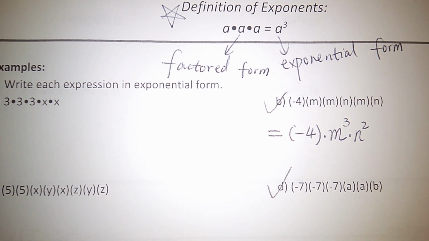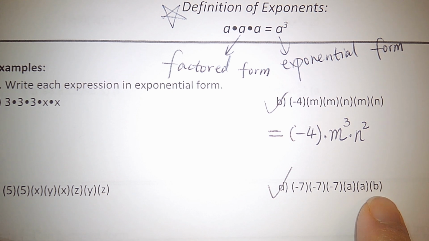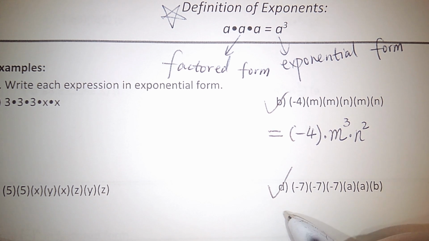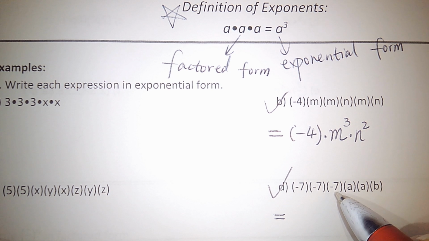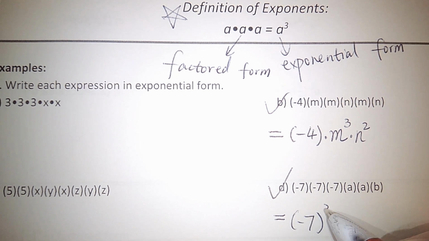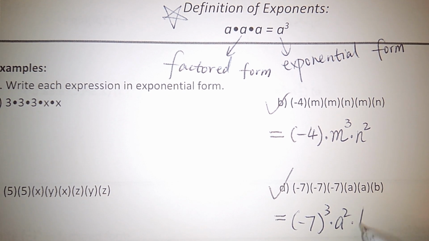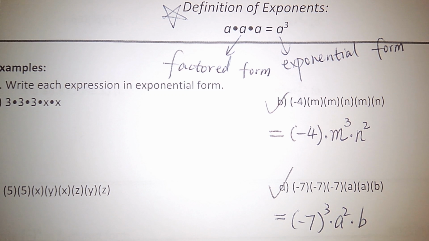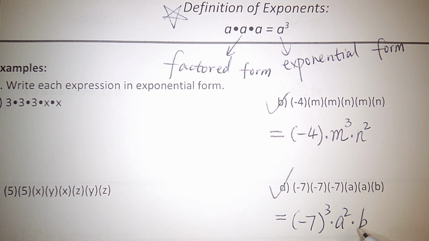Alright, now let's try question B. How can we rewrite this in an exponential form? How many -7 are multiplied together? 3. So Daniel, can you tell us how to write down the form? -7 cubed, a to the second, and b. Yes. So -7 to the cube times a squared times b.